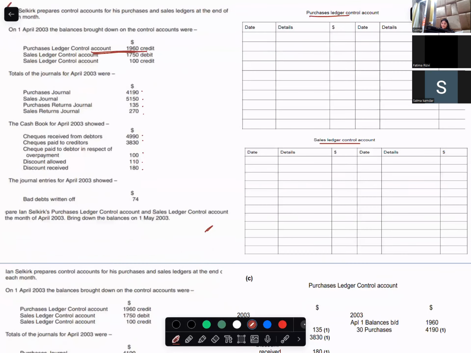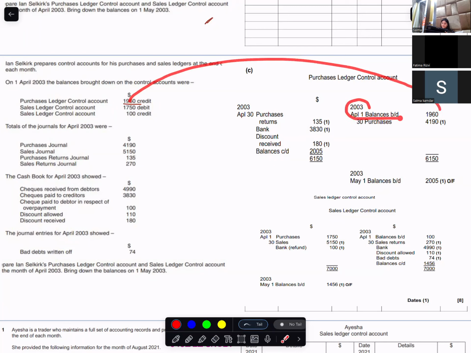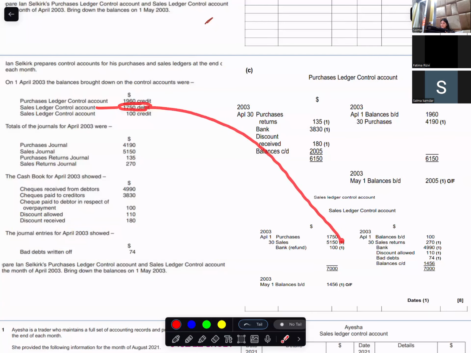Credit. So this is PLCA credit side, balance brought down. Can you see this? Now SLCA, which side? Debit. So SLCA debit side.